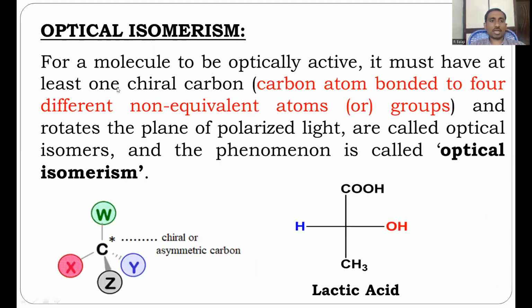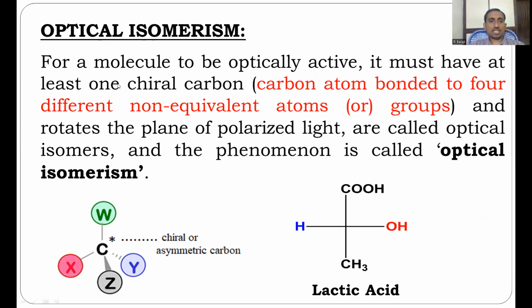Next, coming to optical isomerism, for a molecule to be optically active, it must have at least one chiral carbon. What is a chiral carbon? A carbon atom bonded to different, non-equivalent atoms or groups in a carbon skeleton.